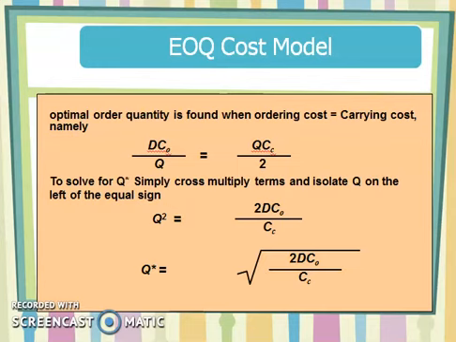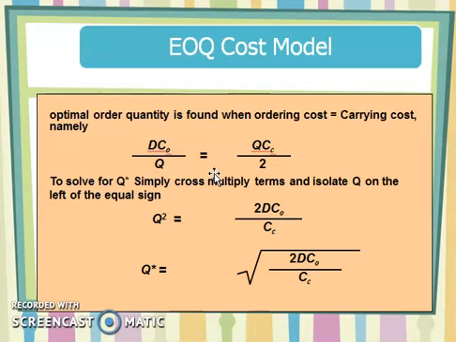equal sign. So if we cross multiply these two equations, we'll get 2 D CO over Q square times CC. And if we isolate Q square on the left hand side, we'll be left with 2 D CO over CC on the right hand side.